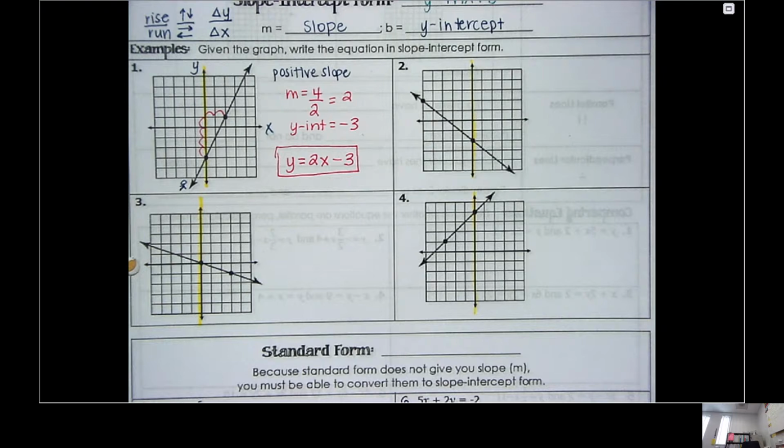I want you to do the whole thing. Both things. It is negative. Because you're going from left to right, you're going down. So your slope should be negative.